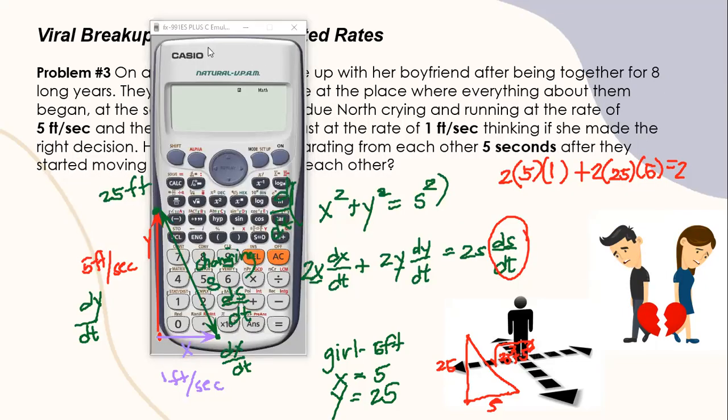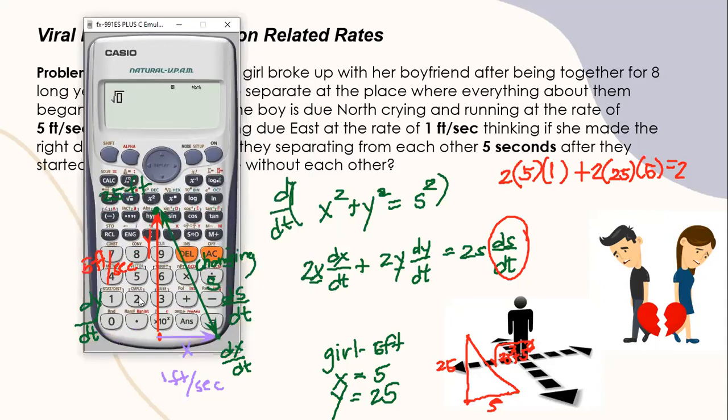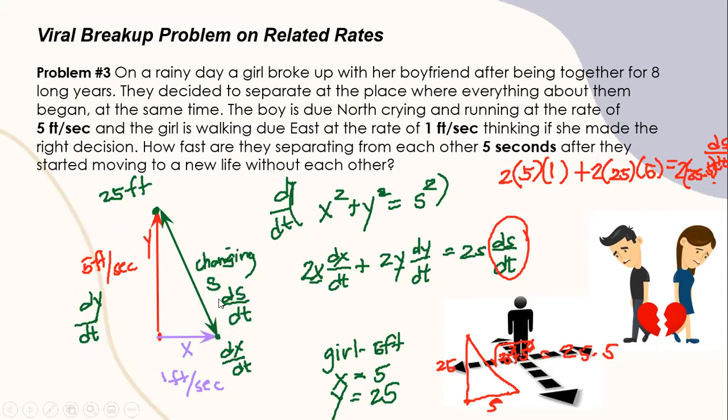So, kunin natin si square root of 25 squared plus 5 squared. That is 25.5 na lang. So, S is equal to 25.5. Okay? 2 multiply to 25.5 ds over dt. Okay? So, burahin ko muna yung ibang given.